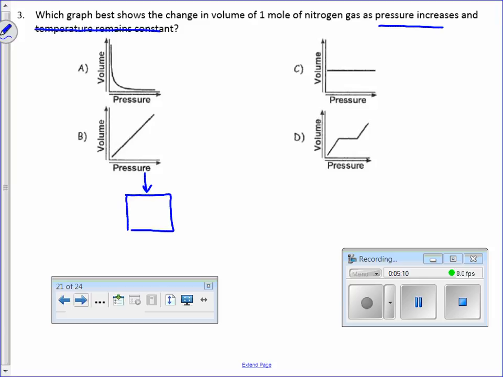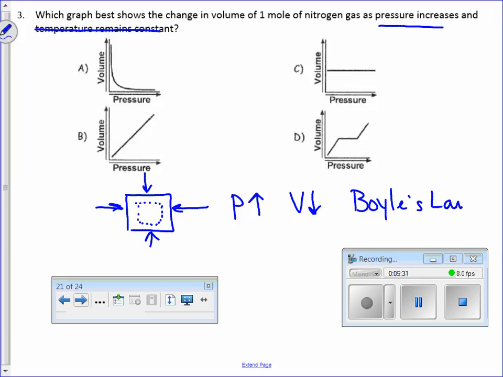The more I push down on the marshmallow, the smaller the marshmallow gets. So as the pressure is increased, the volume decreases. And remember I told you this is Boyle's law. And Boyle's law is the only gas law that shows an inverse relationship.